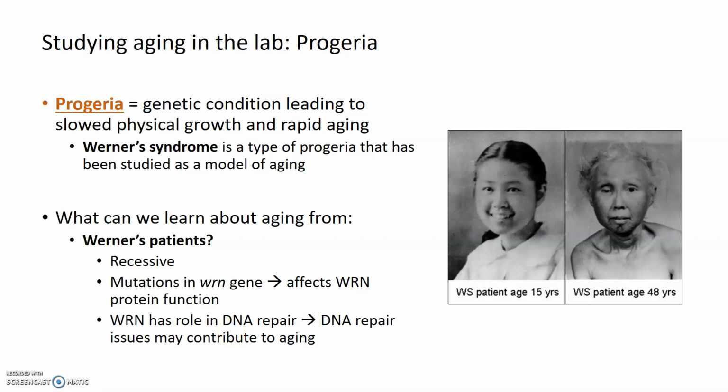And so this data has supported the hypothesis that biogerontologists have had for a long time, that the mutation accumulation that occurs with age, as well as the inability to accurately repair all of those mutations, contributes to aging. And so Werner's patients have provided some data to back up that hypothesis, that DNA repair as well as mutations contribute to aging.